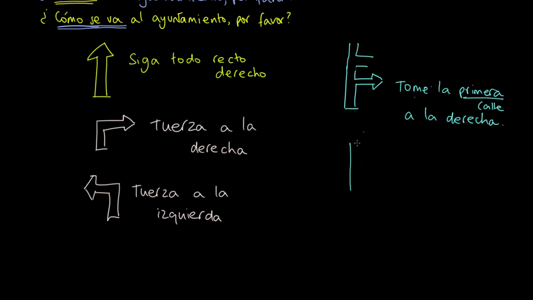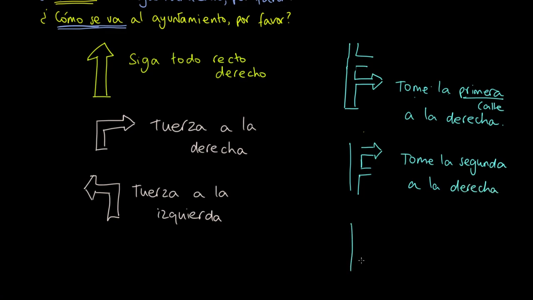If instead of the first one, I need to take the second one, I'll say tome la segunda o la segunda calle a la derecha.